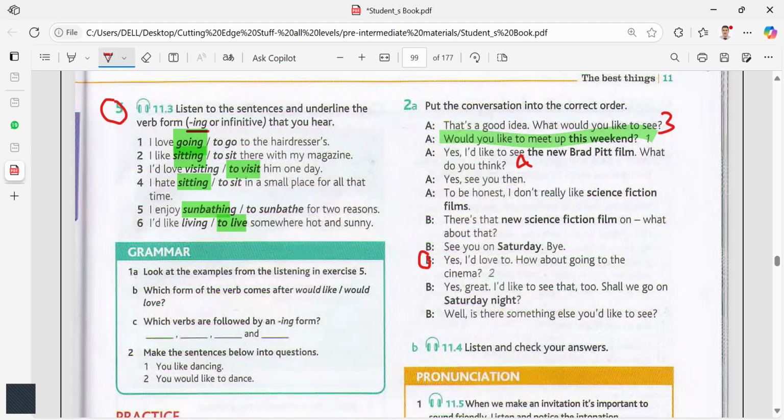I think there is that new science fiction film on. What about that? Number 4 or 5? There is that new science fiction film on. What about that? Or yes, great. I'd like to see that too. Shall we go? Well, is there something else too? So this is 5.